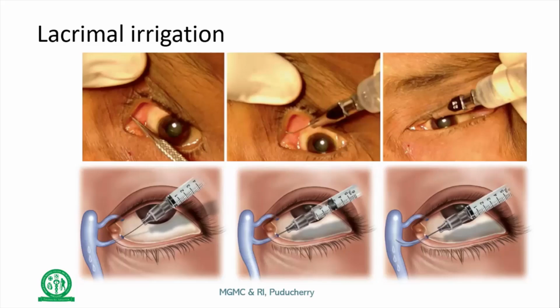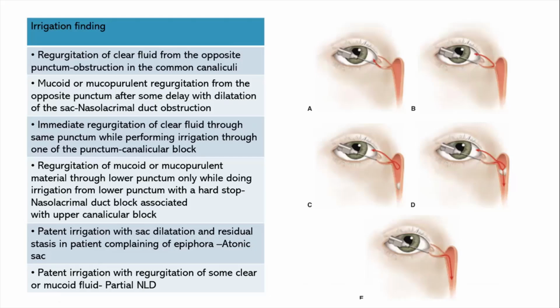So what are the possible outcomes? Normal patent drainage: the fluid will be felt in the throat. You can even observe the swallowing movement if the patient is not able to say so clearly, and you can get a regurgitation. You have to see if the regurgitation comes from the same punctum or from the opposite punctum. If clear fluid regurgitation comes from the same punctum, it is a canalicular block.